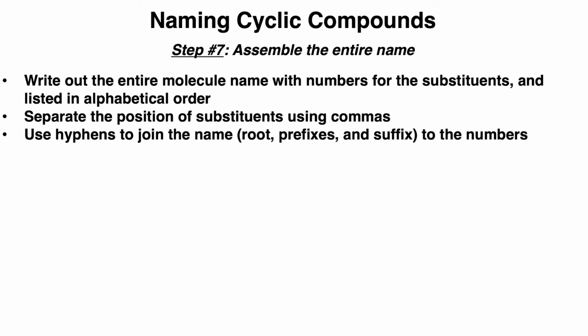And lastly, step 7 is to assemble the entire name by writing out the numbers for the substituents listed in alphabetical order. So separate the position of substituents using commas, and then use hyphens to join the name to the numbers. In this example, the primary functional group is the carboxylic acid, shown in blue, and we're going to number the molecule such that the alkene is on the lowest possible number. So we're going to count counterclockwise around the ring.